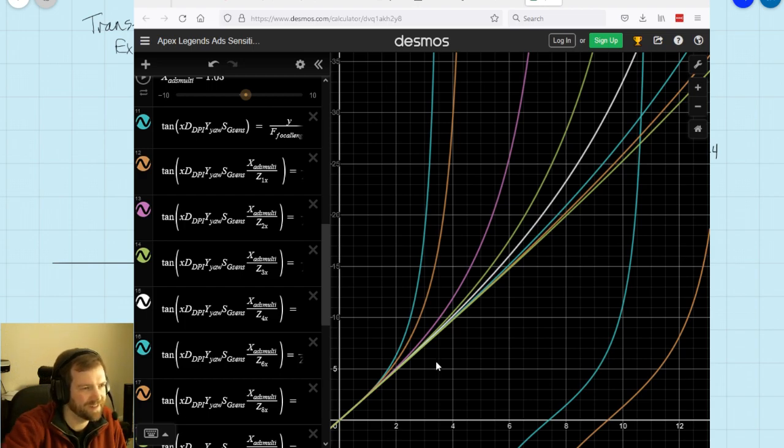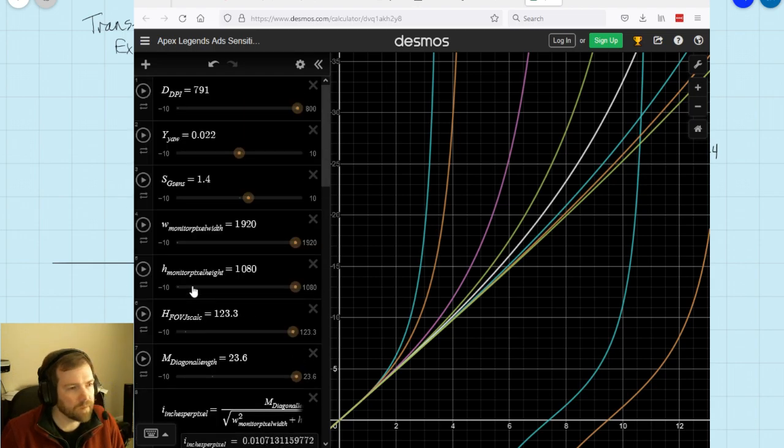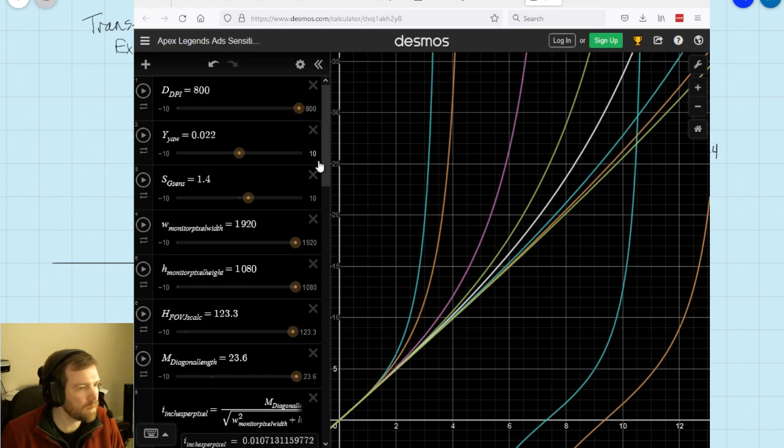Alright, fair. Yeah, it's the number of dots per inch, so 800 DPI, for example, should be move 1 inch to move 800 pixels going across your screen, correct?